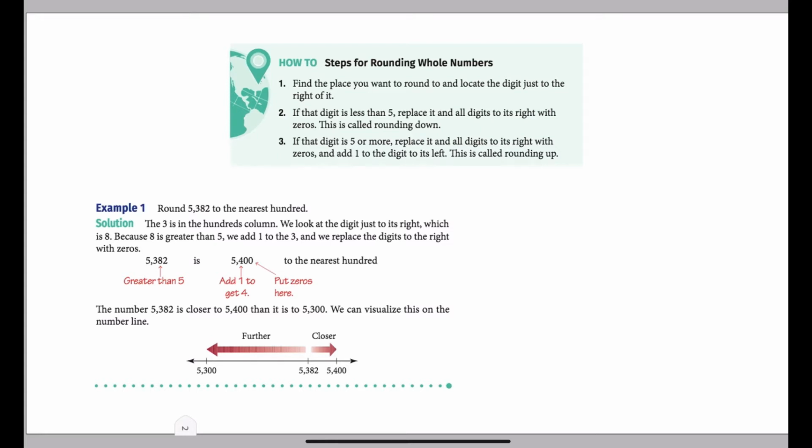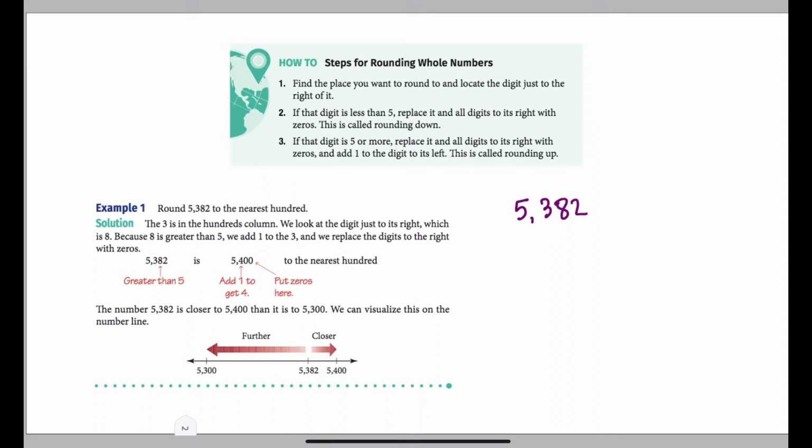So it says round 5,382 to the nearest hundred. So it's really important when we learn to round that we already know our place values. If I know all my place values, then it makes rounding much easier.